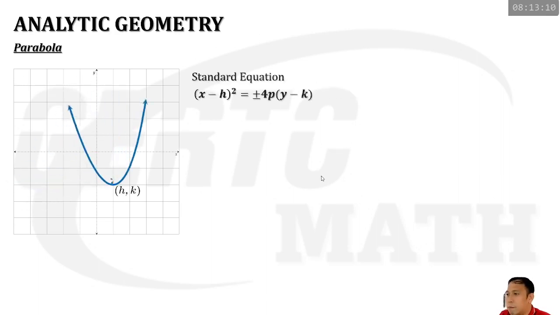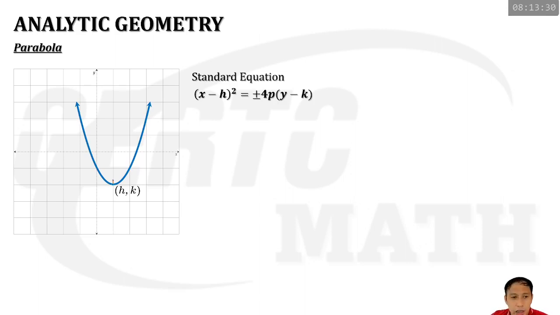So in general, ito yung standard equation. Okay? x minus h squared is equal to plus or minus 4 times p times y minus k. So this is for a vertex located at (h, k).